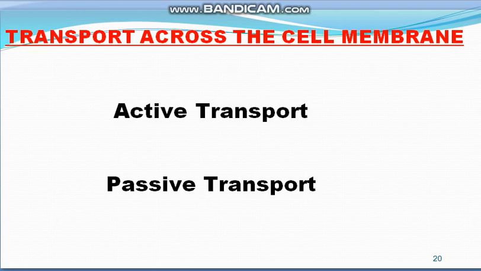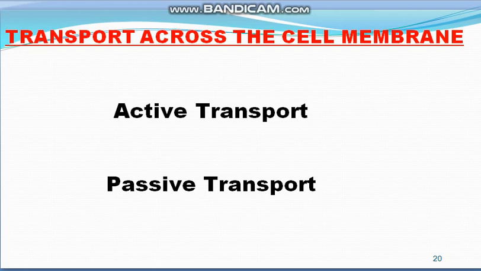And then comes passive transport. And what is passive transport? When the molecules move across the membrane without any use of energy, then it is known as passive transport. Passive transport can occur by means of three ways.